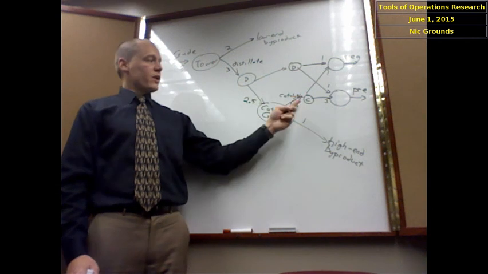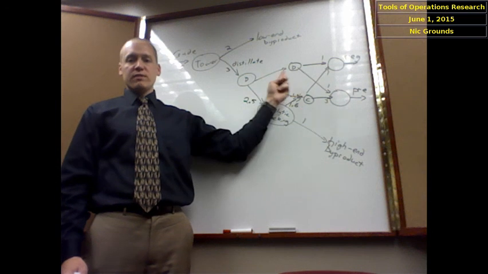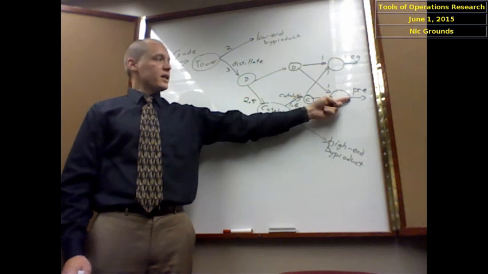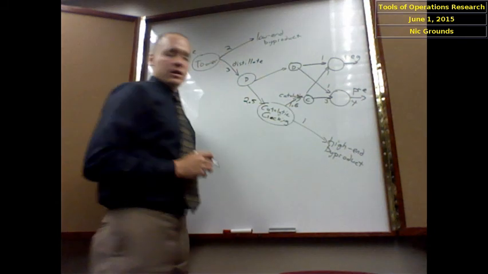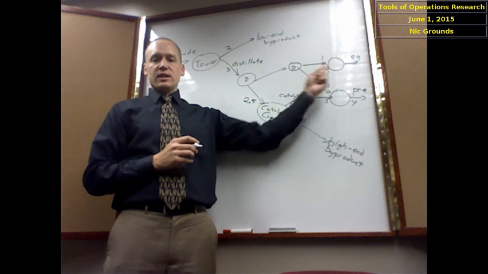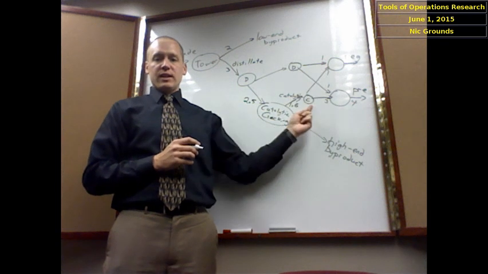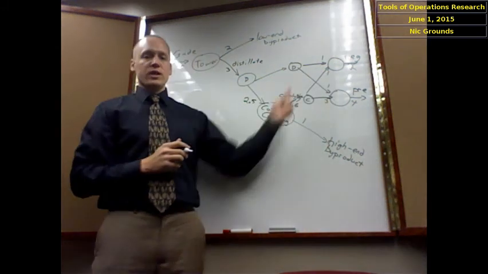Okay, for every 3 barrels of catalytic we can mix with 1 barrel of distillate, we can get 4 barrels of premium gasoline. For every 1 barrel of distillate we mix with 1 barrel of catalytic, we can get 2 barrels of regular. Okay, so there's no yield there.